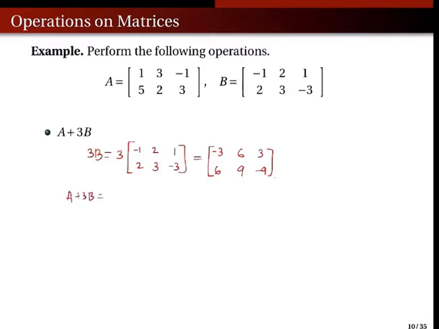So we copy a. You have 1, 3, negative 1, 5, 2, 3. And then plus the 3b, you have negative 3, 6, positive 3, 6, 9, negative 9. And again, in detail, you have 1 plus negative 3.